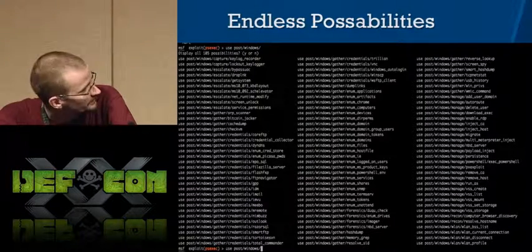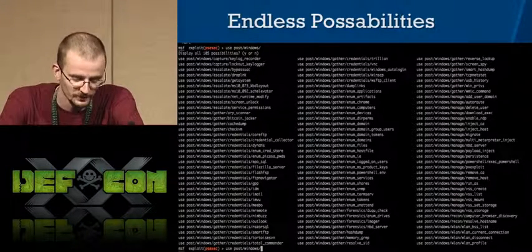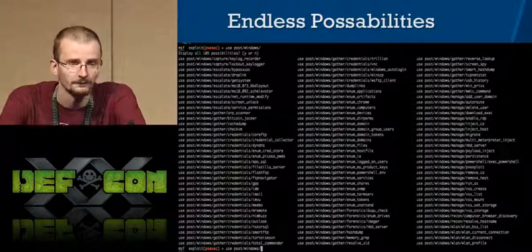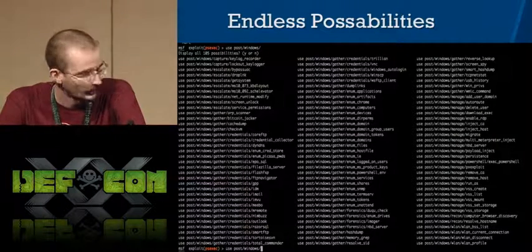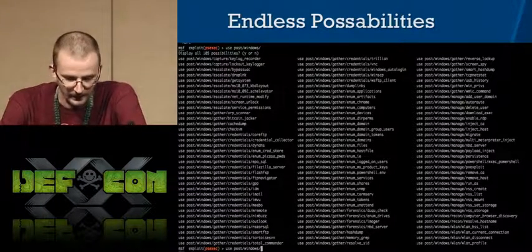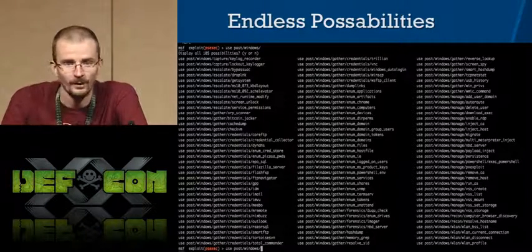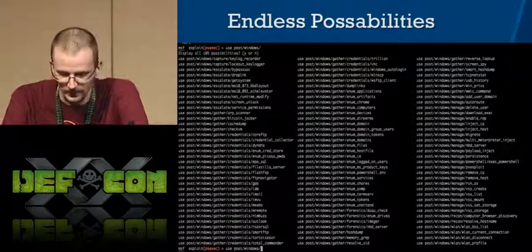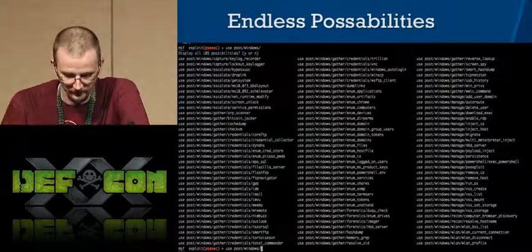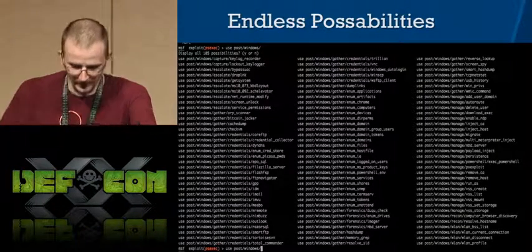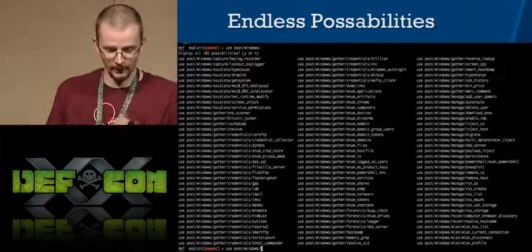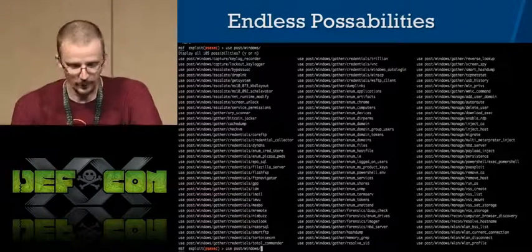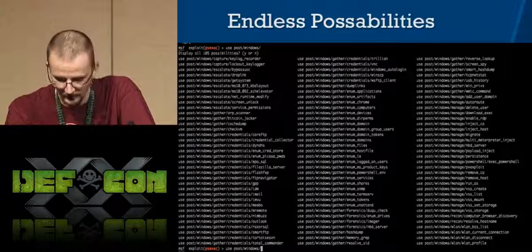Just in Windows post modules alone, there are 105 modules currently in the Metasploit framework. These do everything from screwing with the wireless card to decrypting stored passwords to just about anything you can possibly imagine. And this is all made possible on the Windows environment from our Meterpreter payload.